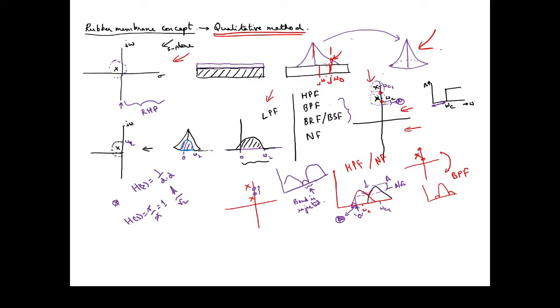So please try to correlate with that. If the j omega naught axis is nearer to the pole, if you see, this value is higher. And as we are moving this pole away from this j omega naught axis, this amplitude value which is cutting the cone is reducing. Okay, and this is what we have represented over here.